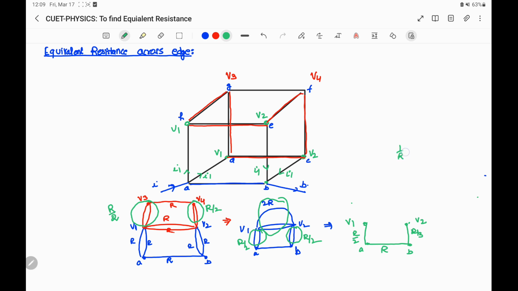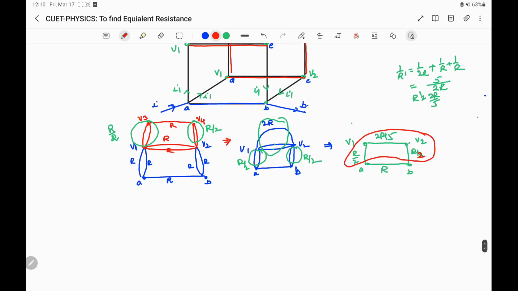So 1 by R dash is equal to 1 by 2R plus, and these two are in parallel which have the value R, so it is 1 by R plus 1 by R. So it is 5 by 2R, and R dash will be equal to 2R by 5. So this resistance is 2R by 5. Here this 2R by 5, R by 2 and this R by 2, these three resistors are in series.